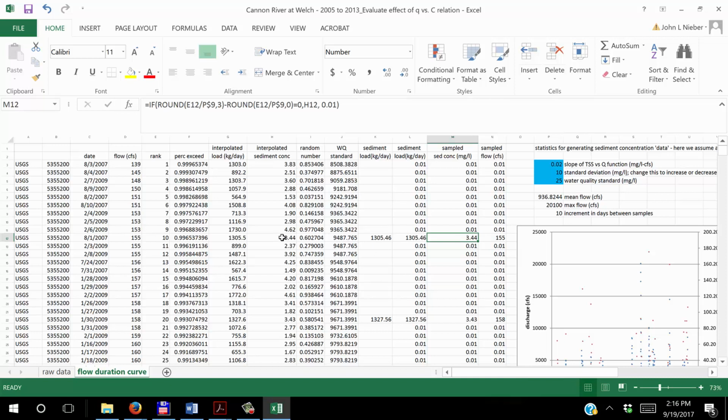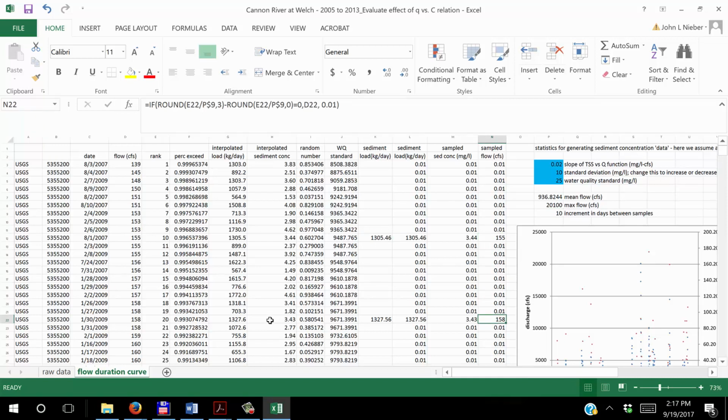And then I have some algorithm in here that just basically generates them for every day. And then I have this algorithm that only chooses the ones every 10th day. And that's why you can see here, there's one that's chosen right here, and then there's one 10 days later that's chosen.